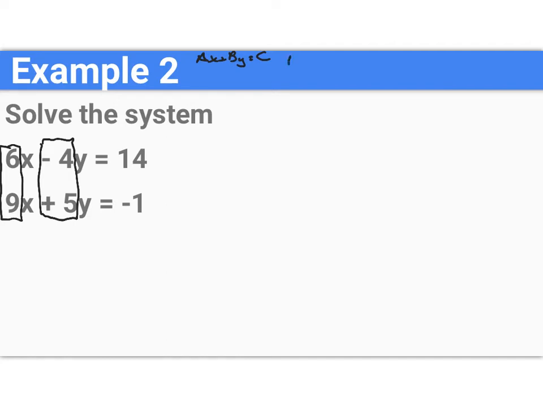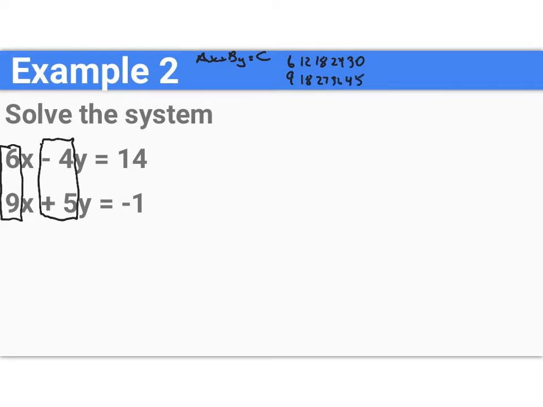So what we have to do is run through our multiples. So 6 and 9. 6, 12, 18, 24, 30; 9, 18, 27, 36, 45.